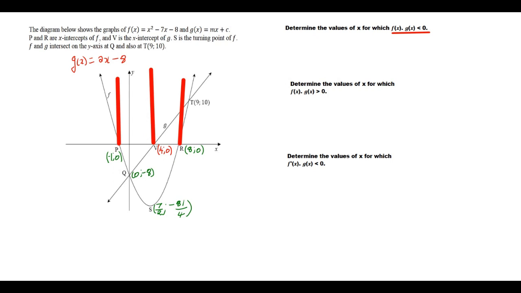When you look at the graph, it is observable that above the x-axis both graphs are positive, and below the x-axis they are negative. So we check values that are less than -1 going this side.